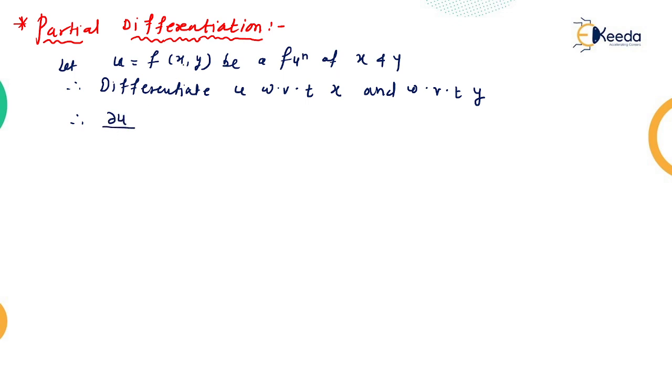Because this is differentiation of two variables, it's a partial derivative, which becomes ∂u/∂x and ∂u/∂y. These are the notations for partial differentiation.